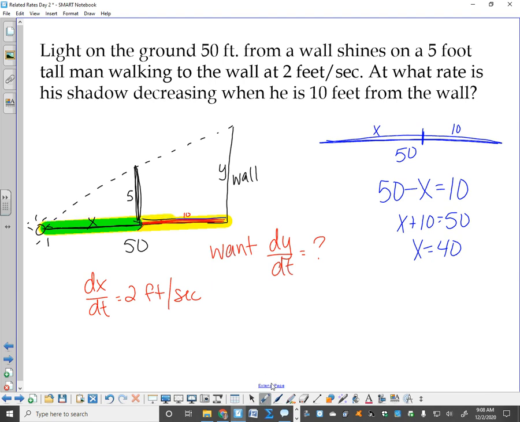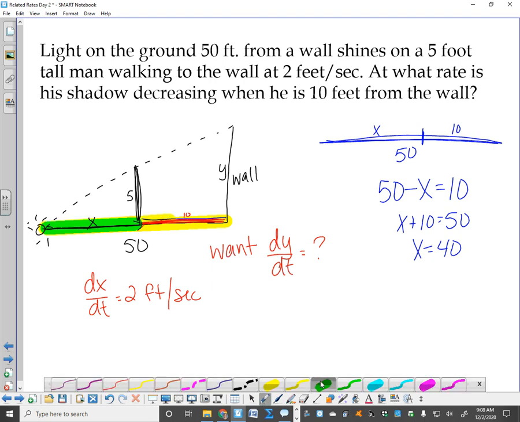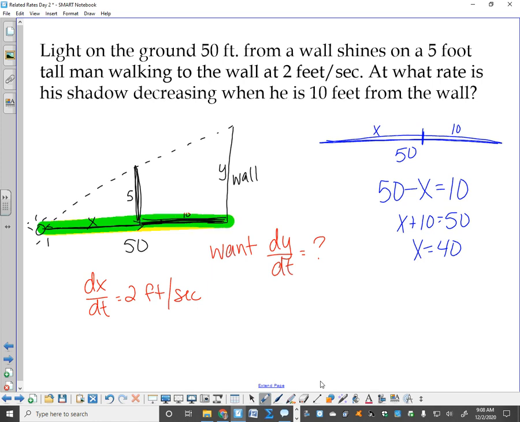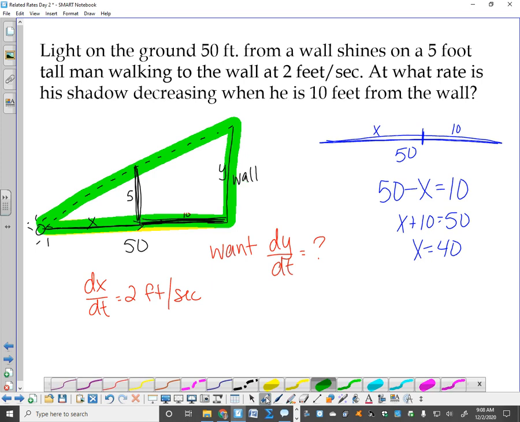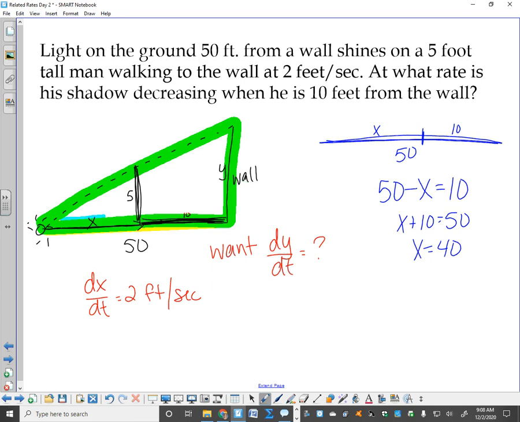I'm going to look at green. I'm going to look at the big triangle, and I'm going to compare it to that little triangle.